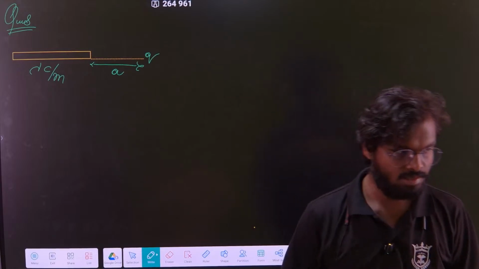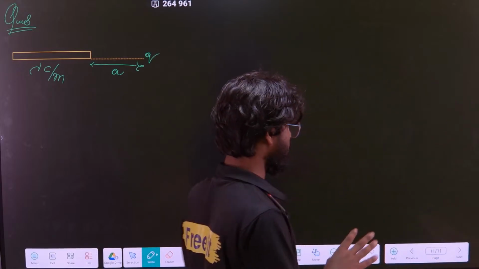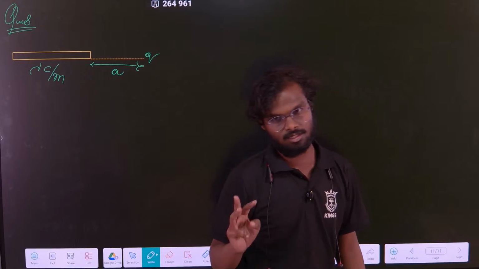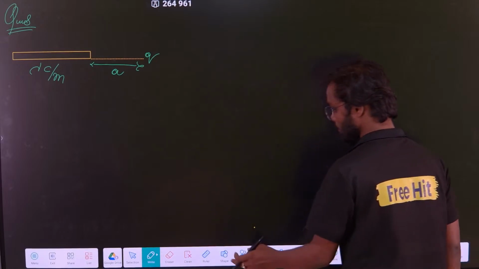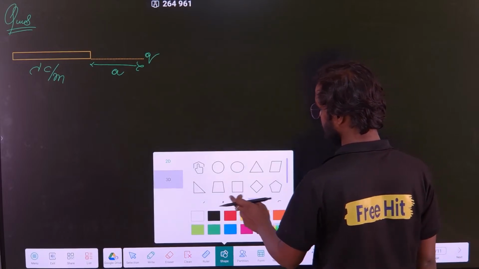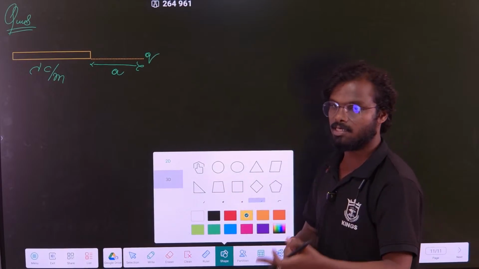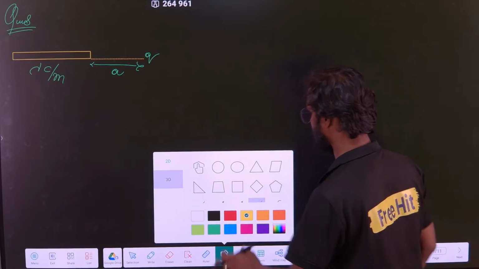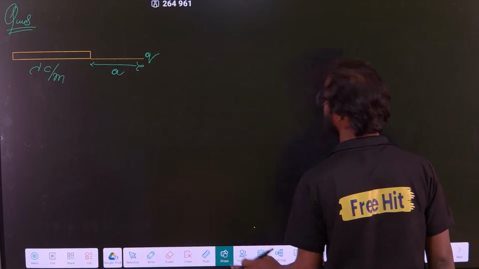Now what is charge density? I hope you know lambda, sigma, rho. These three things are very important. If anyone doesn't know, please understand this. It will come in moment of inertia, center of mass, everywhere. So you have to be familiar with this.